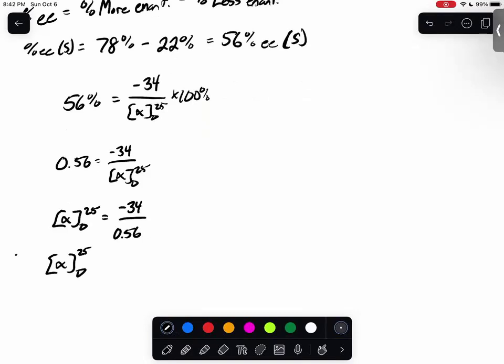Because we have to keep in mind we're talking about S because that's the thing that the enantiomeric excess was about, is equal to negative 61 degrees, right? This was rounded, just to make life easier for myself.